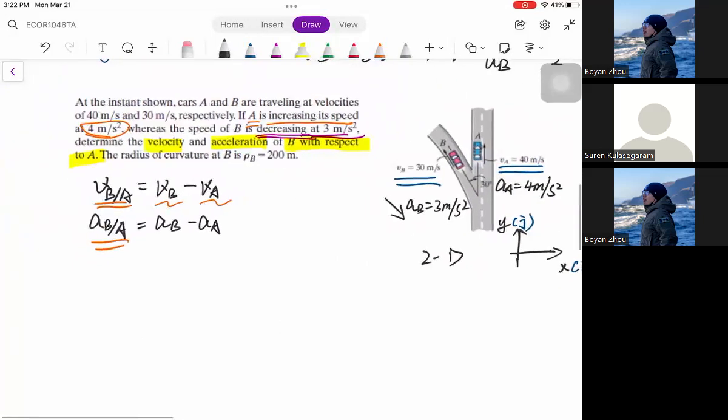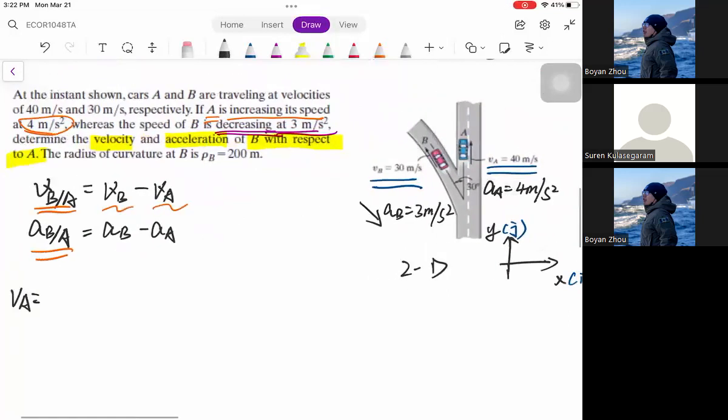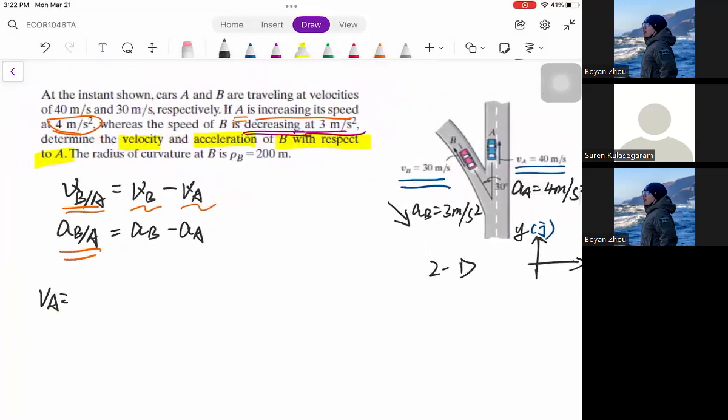So we're going to find what VA is and what VB is. VA is given here pointing upwards, and it's 40 meters per second. Since it's pointing upward, it doesn't have any component on the horizontal. It doesn't have any speed in the horizontal component.